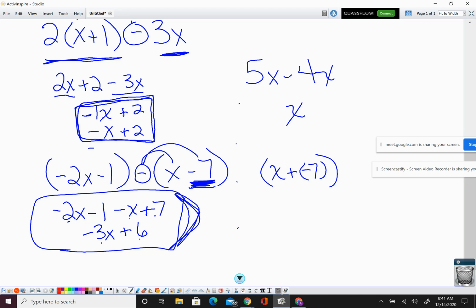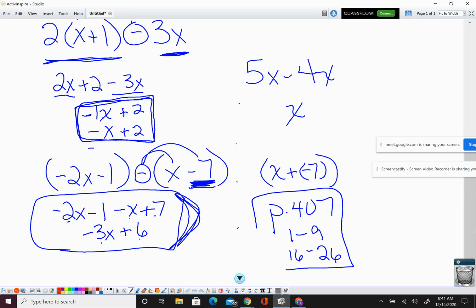So, your assignment. You're wondering what the heck you are going to be assigned. Page 407, 1 through 9. Sometimes I throw in some extra problems, but generally it's the independent practice and the extra practice that I assign.